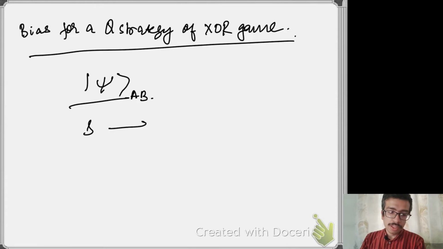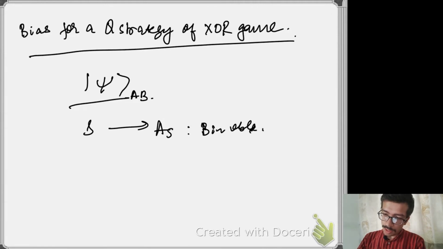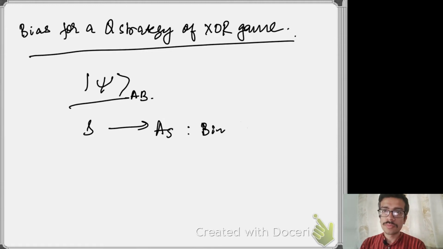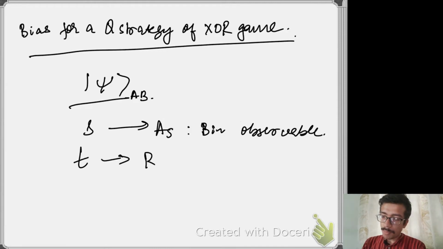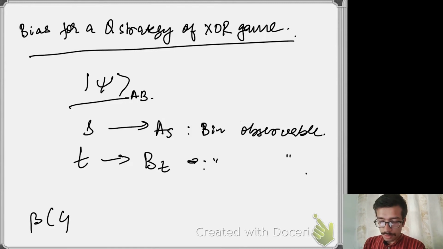Here on input S, Alice measures a binary observable A sub S. And on input T, Bob measures a binary observable B sub T. Now I can define the bias here, and they are measuring on their share of this entangled state, psi AB.